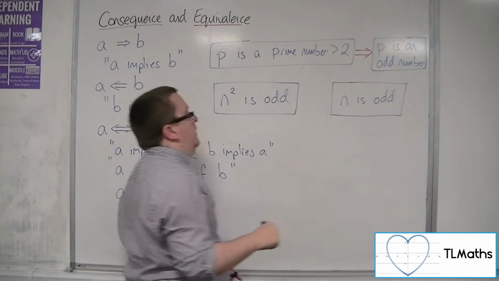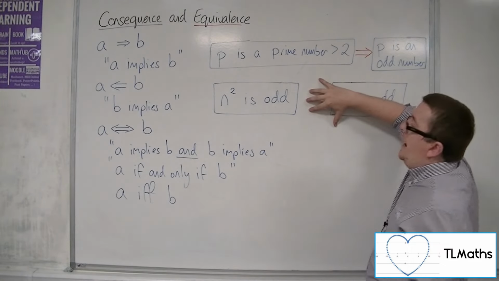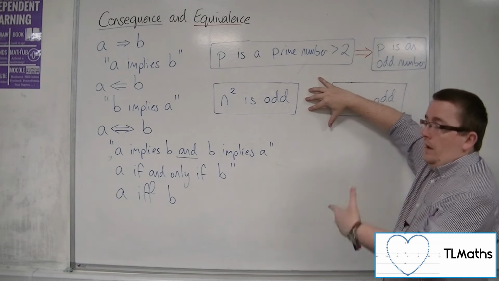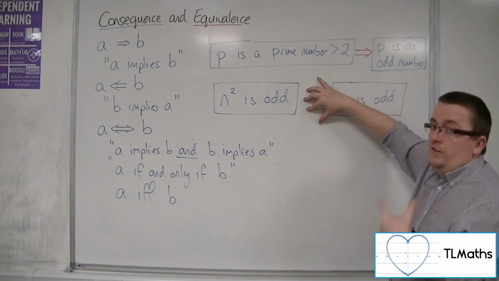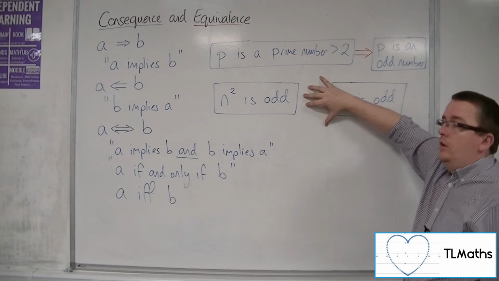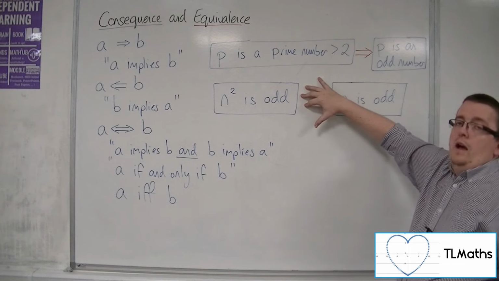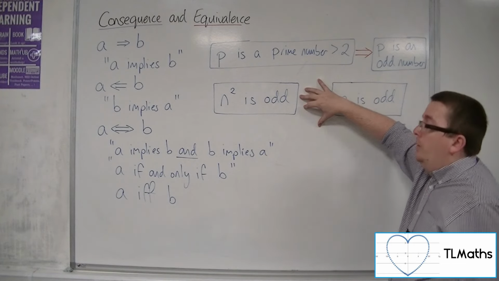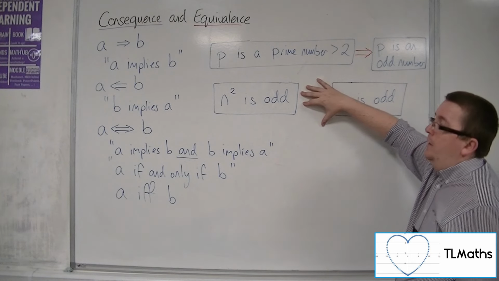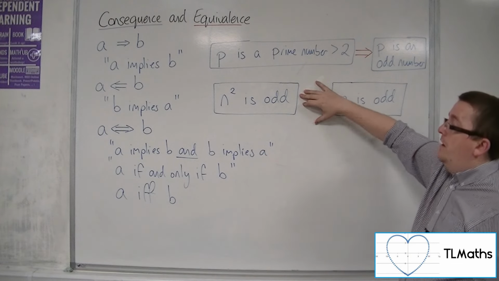So if we think about just looking at the left-hand statement, n squared is odd, then given that n is an integer, okay, then n squared, we'd be looking at 1, 9, we'd be looking at 25, so the odd square numbers, and subsequently, for each of those, n is 1, 3, 5, 7, 9.